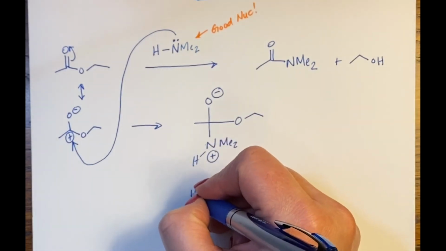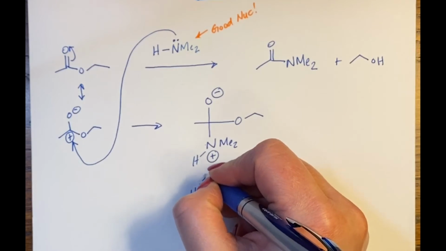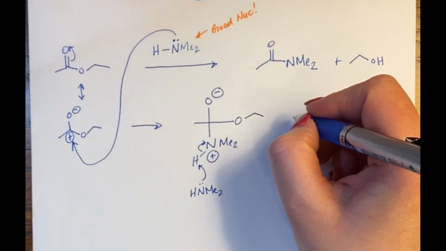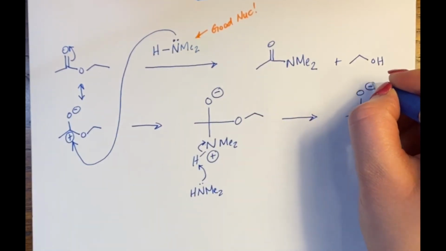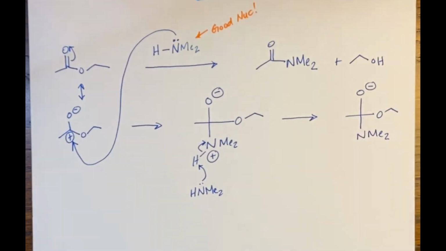So I can use a second equivalent of my amine in order to remove that proton, give the electrons to the nitrogen, and that now gives me this tetrahedral intermediate. So in this case, as I look at this tetrahedral intermediate, I have my oxygen with the negative charge that's going to push the electrons back towards the carbon and kick out one of these groups.